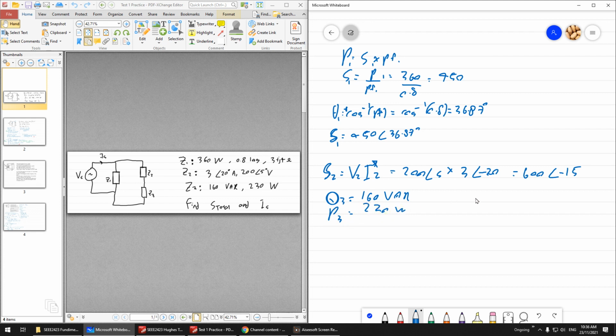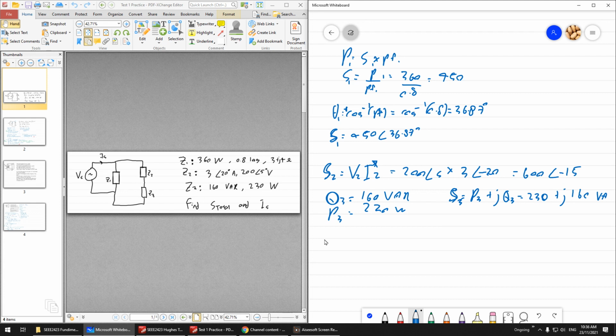So if you recall back, complex S is equals to P3 plus jQ3. So this one is 230 plus j160. Okay, VA, this is the unit. So you get this all, and you have to find ST. This is complex, so make sure you use the correct symbol.